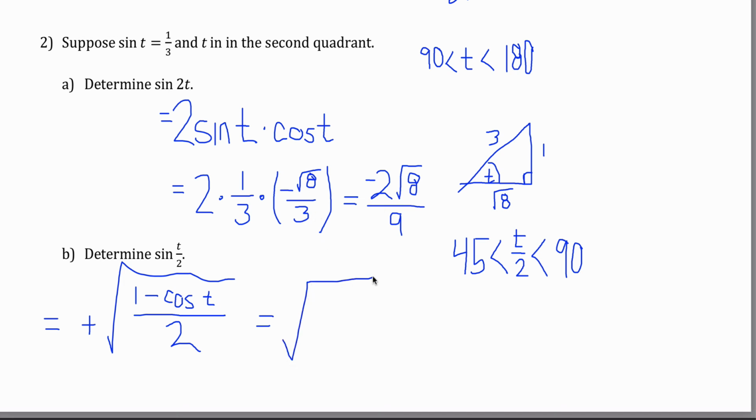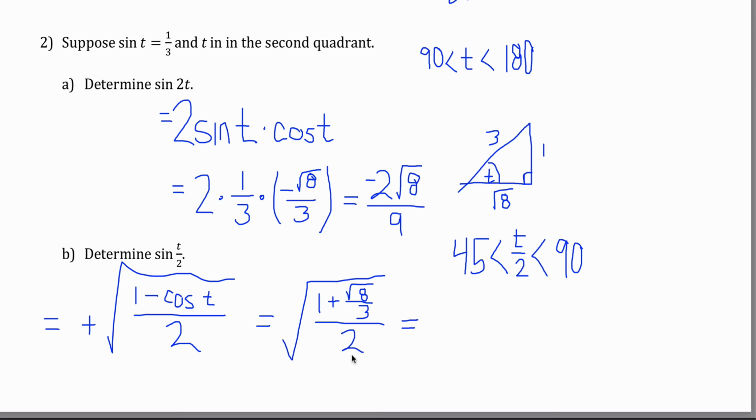So what I'm going to get here for my answer is the square root of 1 minus negative square root of 8 over 3. 1 minus a negative, that's just the same as positive. Root 8 divided by 3. And that entire thing, remember that's just the numerator of this fraction, gets divided by 2. And this is the right answer, what's written there, but typically I ask you to simplify so you don't have fractions inside of a fraction.